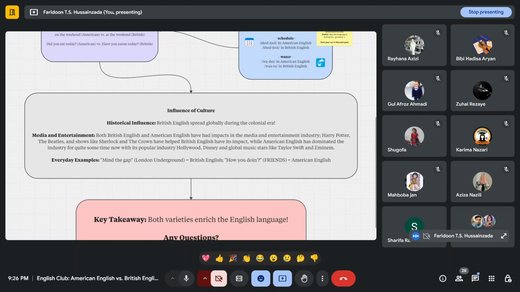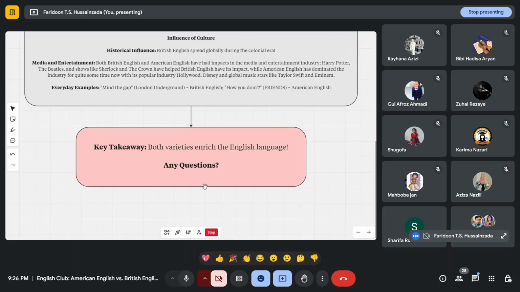If you say it in Asia or other countries, if you say "how you doing" without the G at the end, people normally understand what you mean. So this is an example of how big a cultural difference these two English varieties have on the world. Yeah, and I think we are done with that.